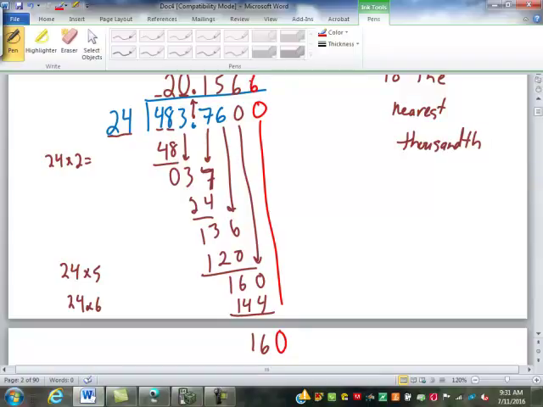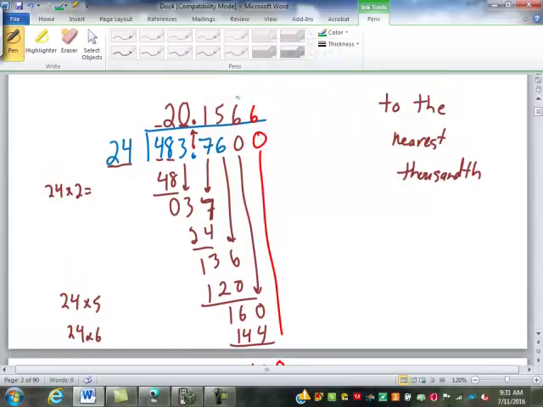Why did I need that one more digit? Yeah, perfect. I need to know whether this stays a 6 or if I have to round it up to a 7. This next digit tells me whether I leave it as a 6 or round it up. In this case, it goes up to a 7 because this is a 6. It's 5 or higher.